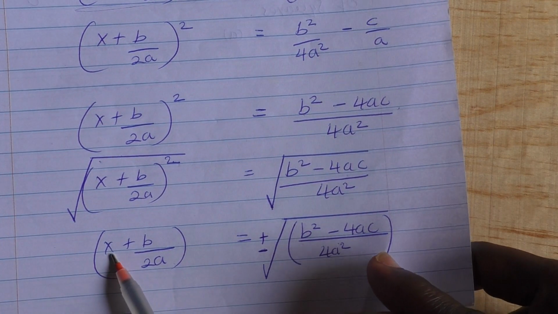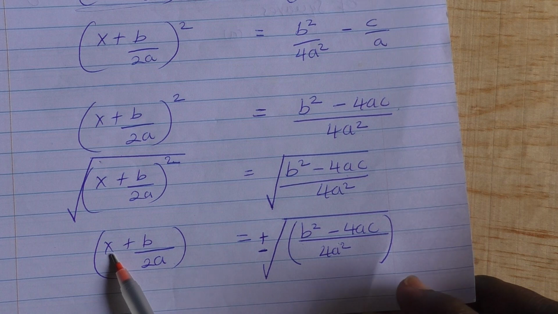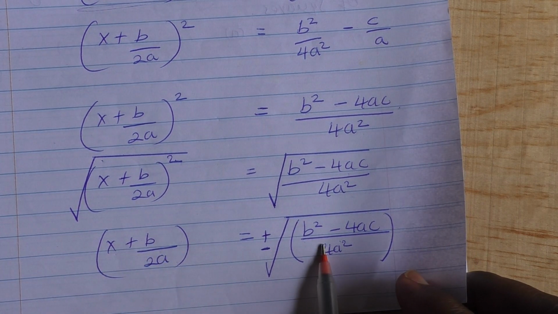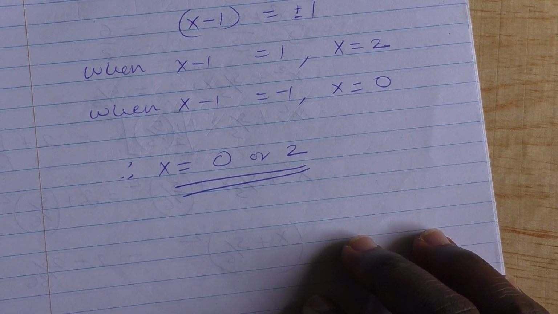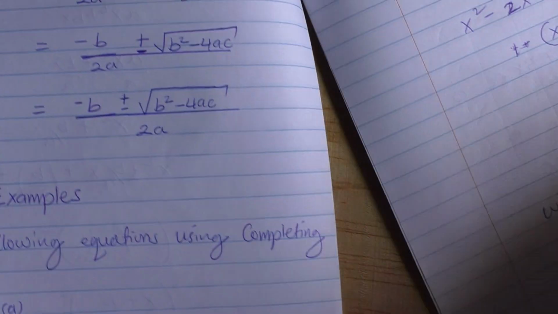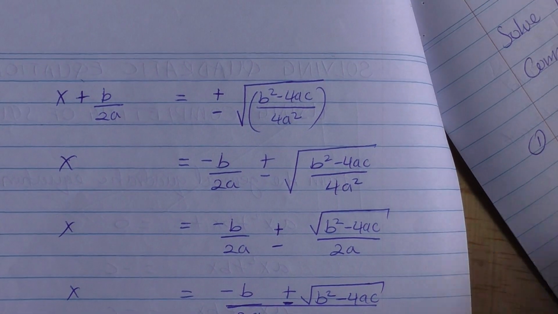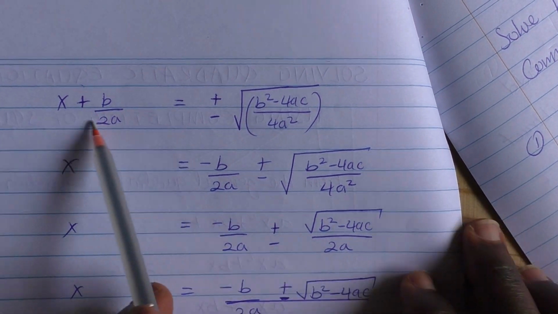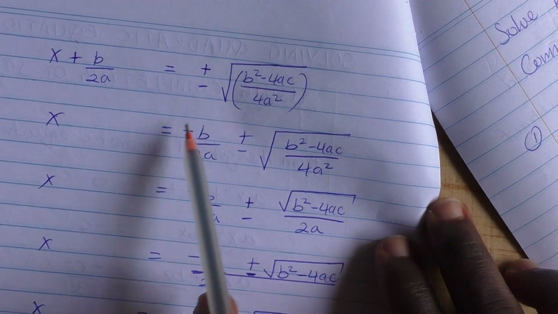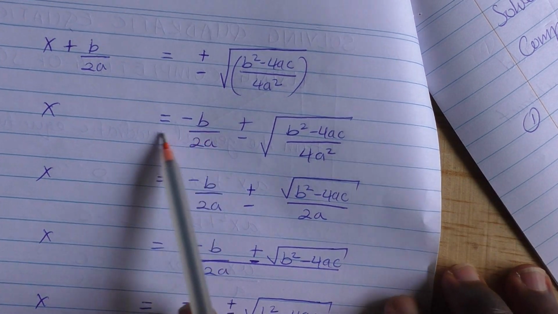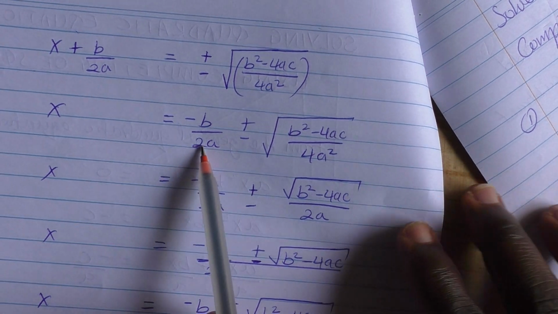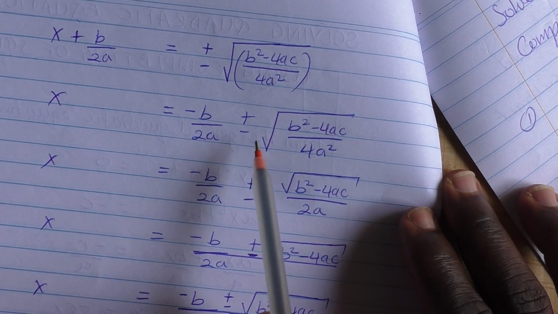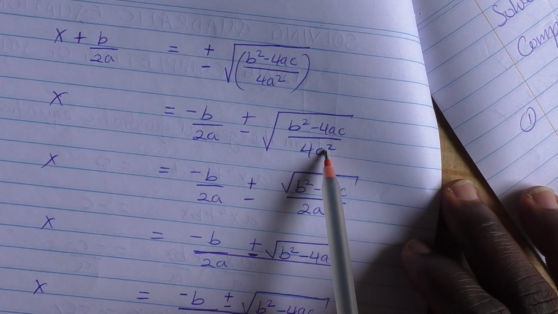Because we want to find the value of x, we must take this to the other side. When we take this to this side, it becomes negative. So we shall end up with negative b over 2a minus or plus the square root of this.